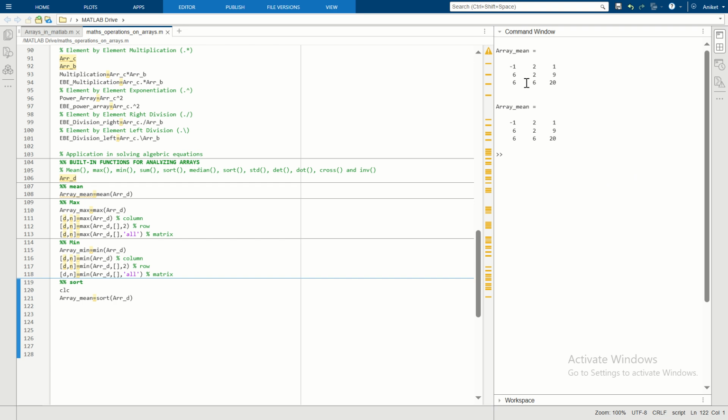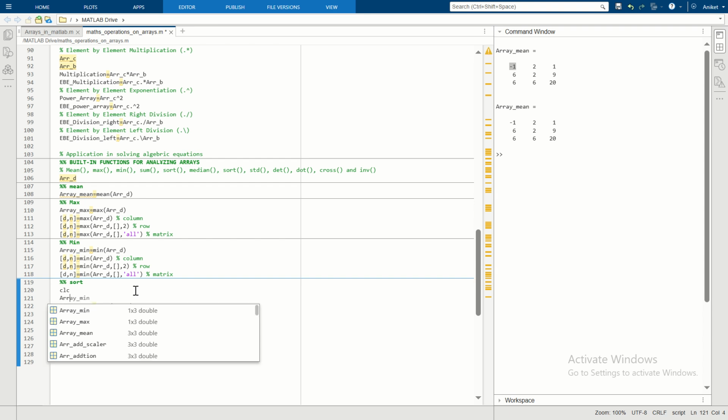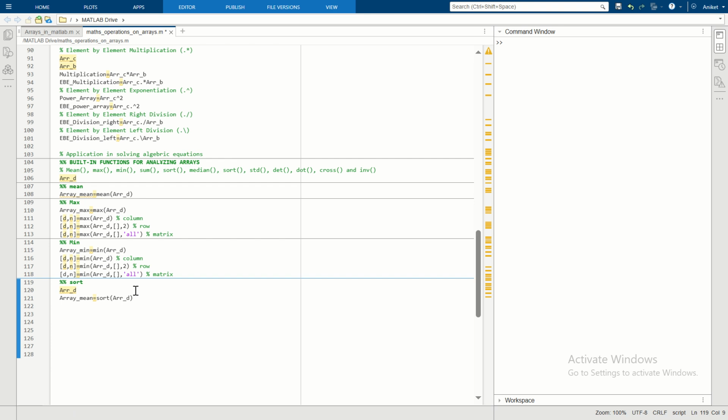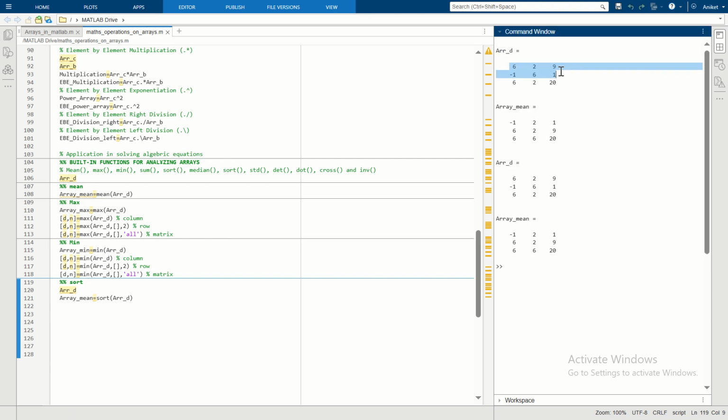So it has sorted this along the column. Hope you remember that. Now we'll just print ARR underscore D. Okay, so this is ARRD, and we want it sorted.